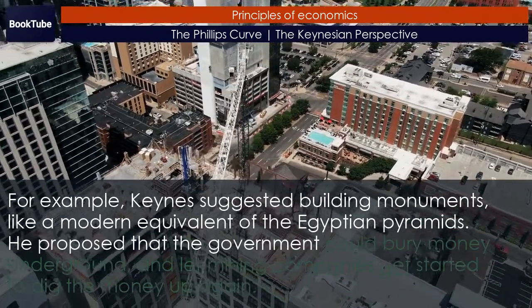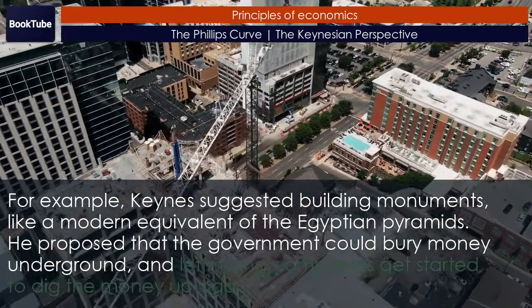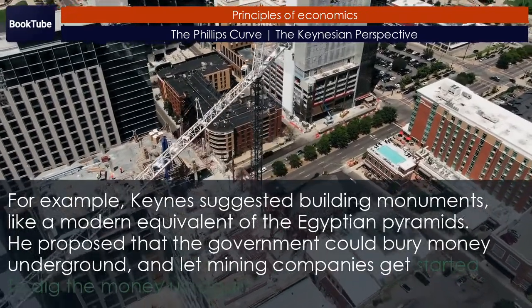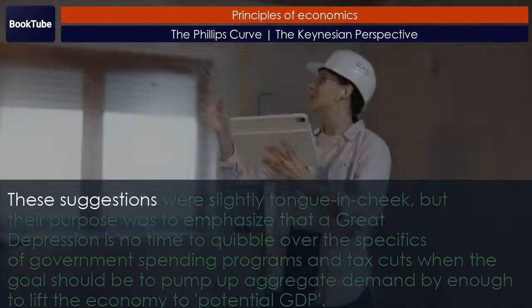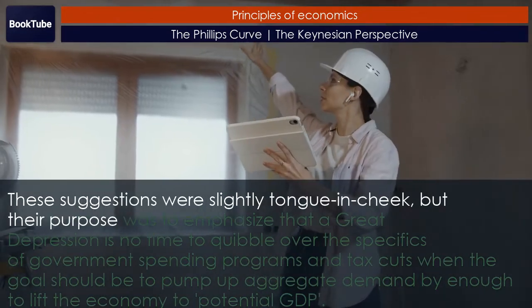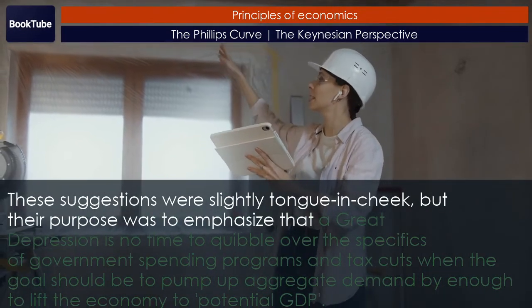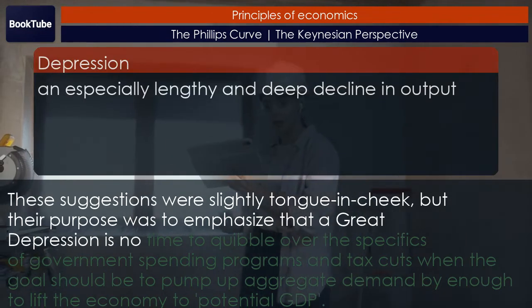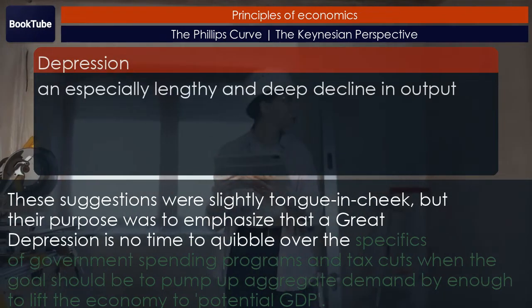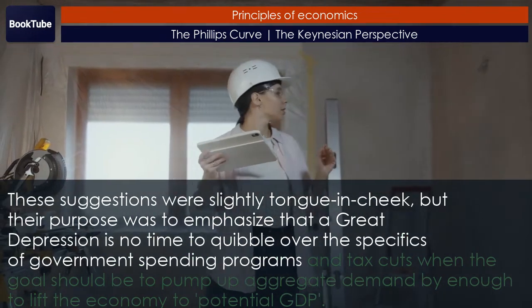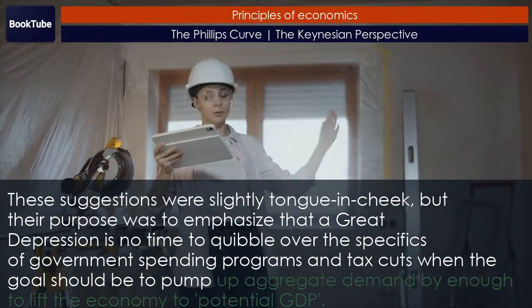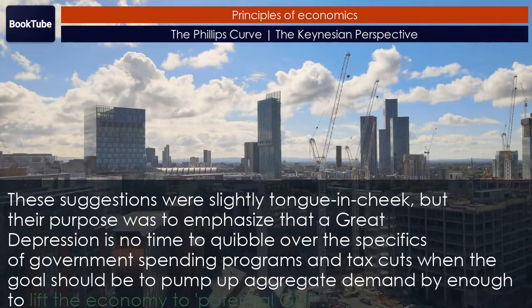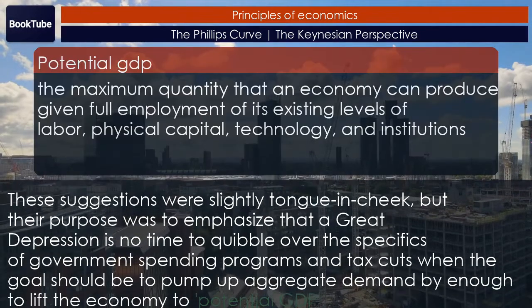He proposed that the government could bury money underground, and let mining companies get started to dig the money up again. These suggestions were slightly tongue-in-cheek, but their purpose was to emphasize that a Great Depression is no time to quibble over the specifics of government spending programs and tax cuts when the goal should be to pump up aggregate demand by enough to lift the economy to potential GDP.